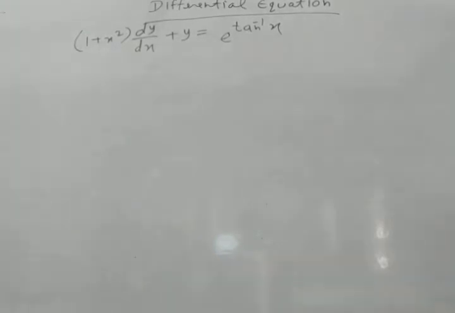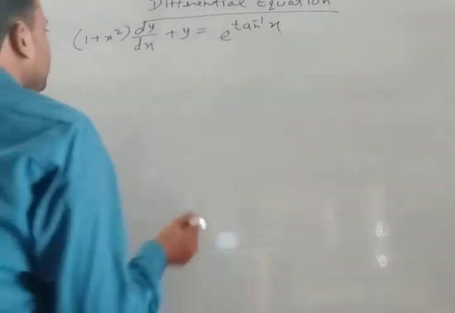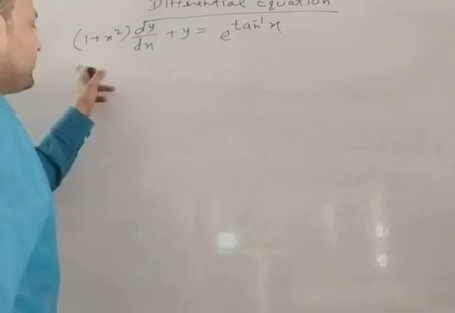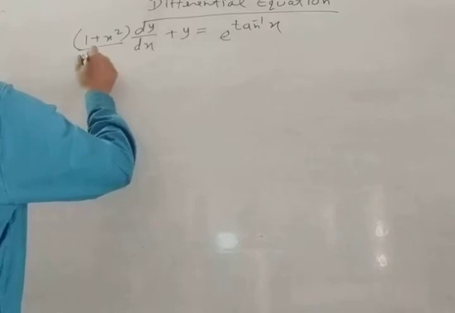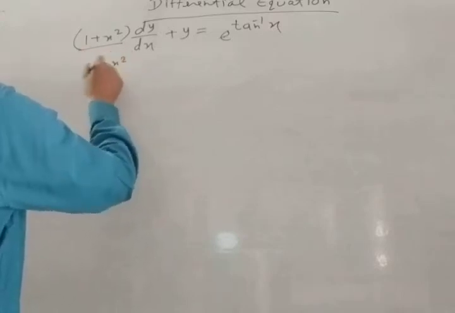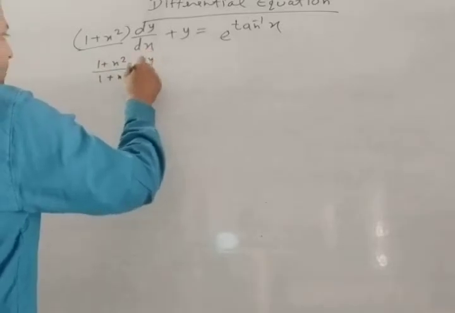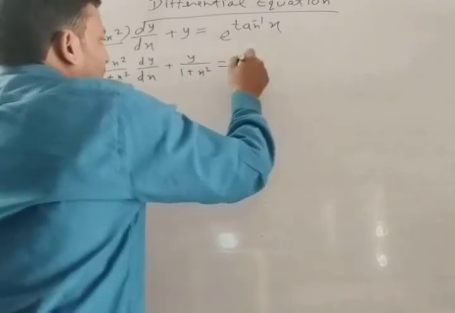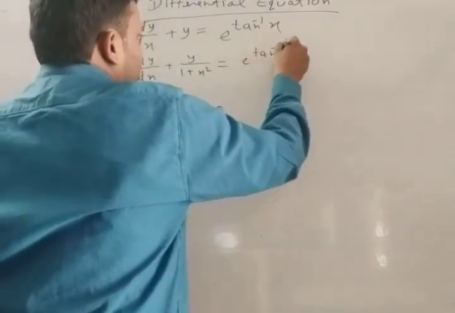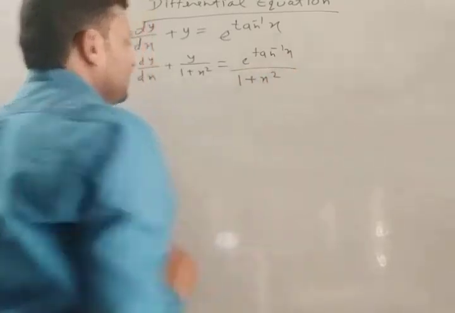So first, we will check which type of differential equation this is, and then we will solve it. First, we will divide this differential equation by 1 plus x square. So we get 1 plus x square by 1 plus x square dy by dx after dividing, and on the right it will be e to the power tan inverse x by 1 plus x square.